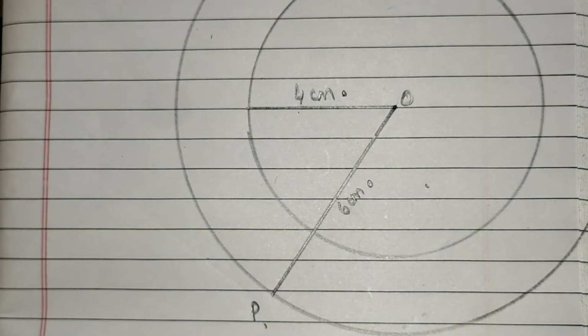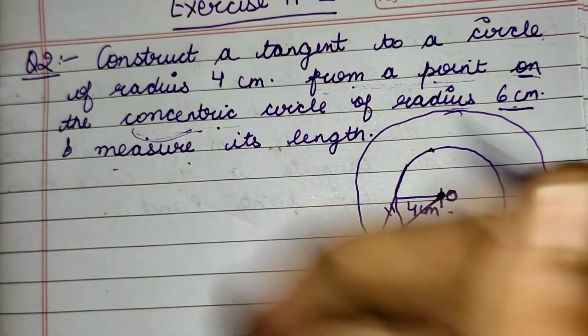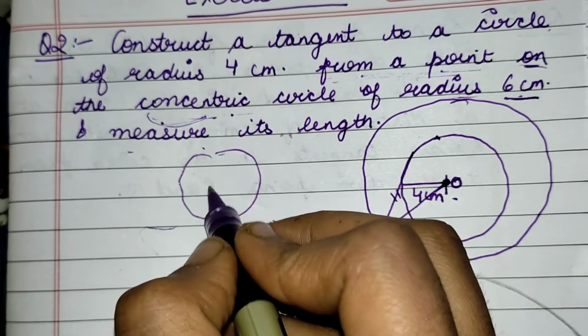Okay, so what is the next step? The next step is that whenever we are drawing any tangent from an external point to the circle, what we do?